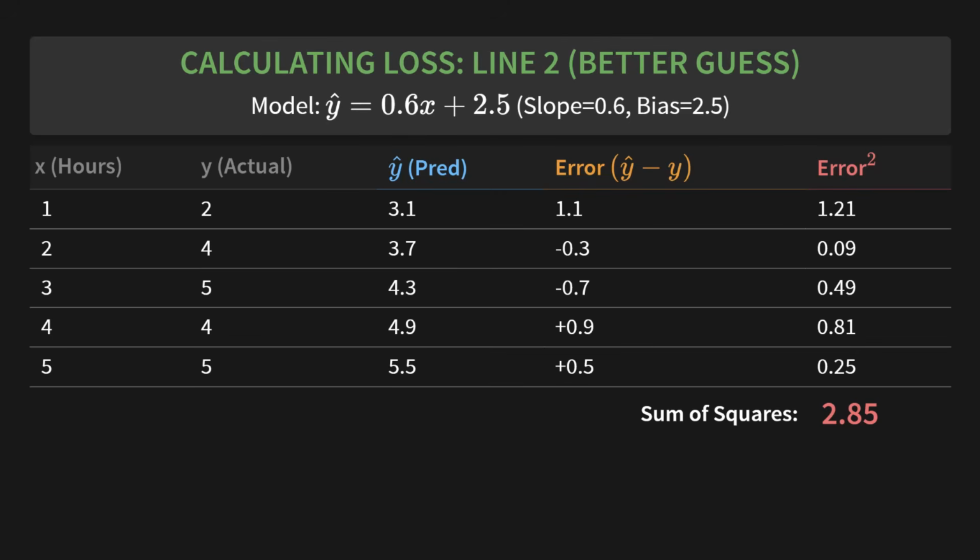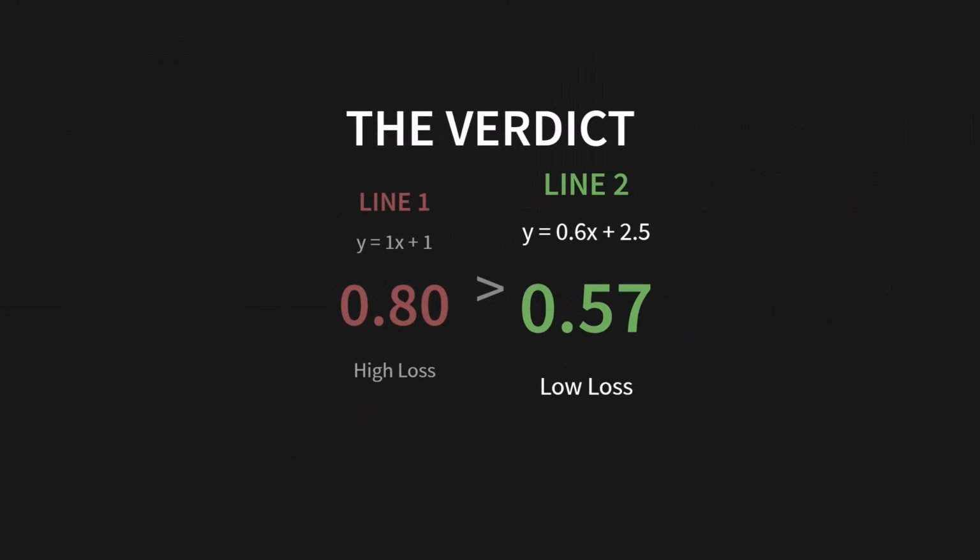Then 0.49, 0.81, and 0.25. We add all of those up, and the sum of squares is 2.85. Divide that by 5, and our final MSE is 0.57. And there you have it, the verdict.